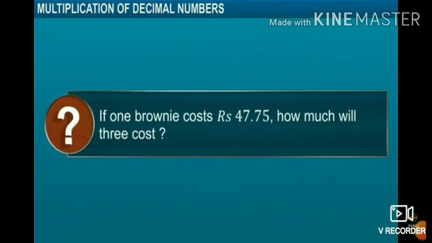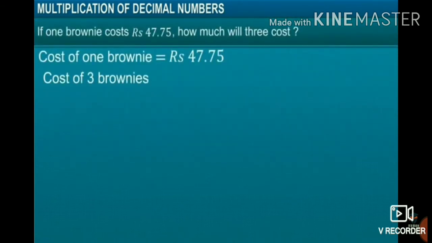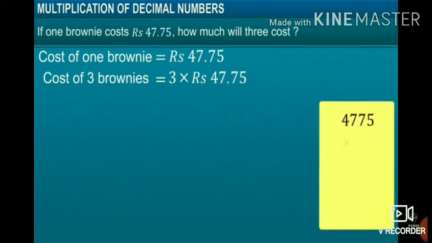Another way, I will tell you by a word problem. If the cost of one bromine is 47.75, how much will the cost of 3 bromine be? So the cost of 1 bromine is 47.75, and you have to find it for 3. So 3 into 47.75. Here you multiply a whole number with a decimal. You multiply as a whole number multiplication.